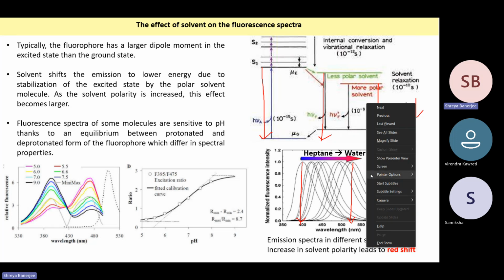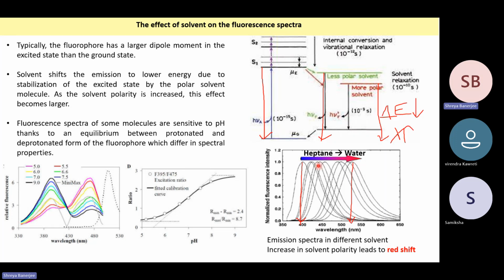And this is happening because as the polarity of the solvent increases, the excited state becomes more and more stabilized. And if the excited state is stabilized, then the energy difference between excited and ground state reduces. That is, the wavelength increases. So as we go from 100% heptane to 100% water, the wavelength of absorbance increases from around 400 to 525.